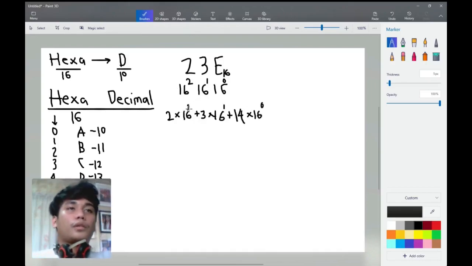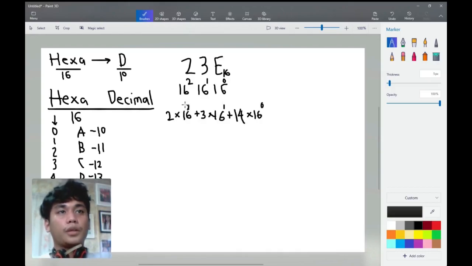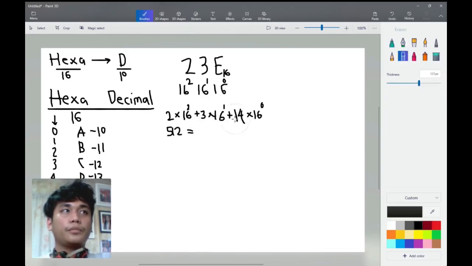So let's get the numbers first. 16 to the power of 2 is 256 times 2 is 512. 16 to the power of 1 is 16 times 3 equals 48. Plus 48.